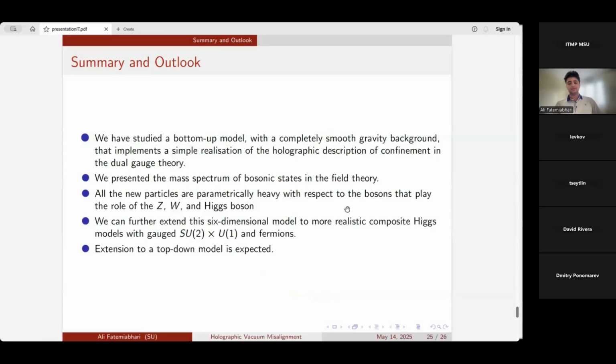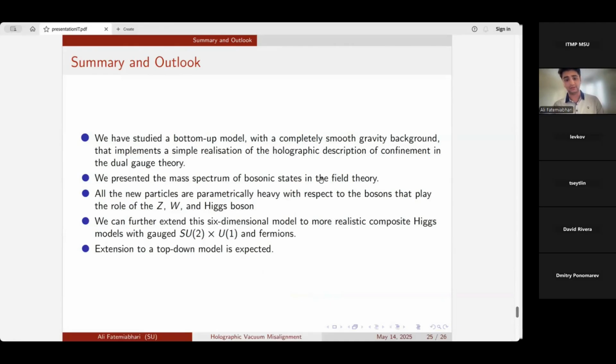Okay, so to give a summary, we had a bottom-up model with a smooth gravity background without pathologies, making a confining theory. And we were able to calculate the mass spectrum of these states. Basically, the main achievement of the work is that we inserted the field theory degrees of freedom inside the gravity without breaking any symmetries explicitly.